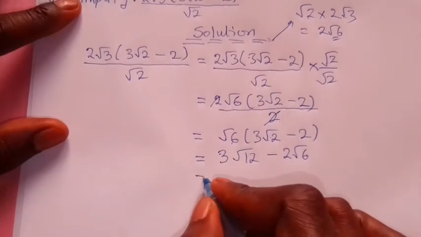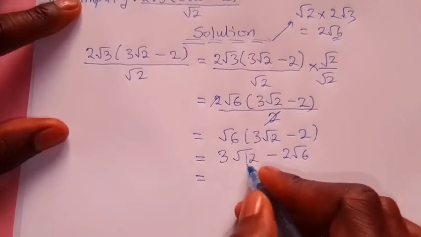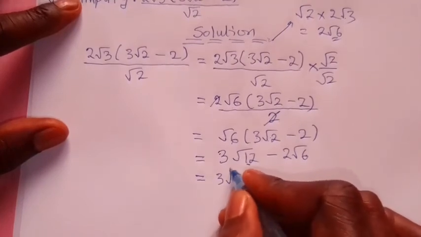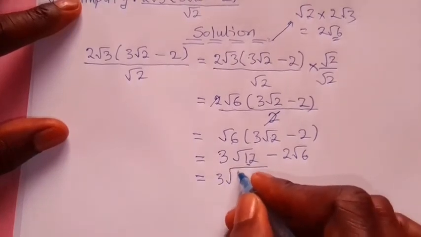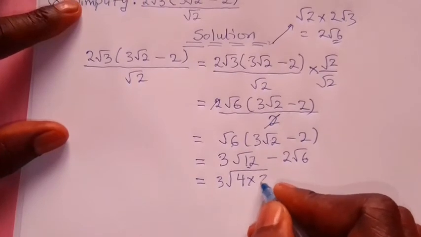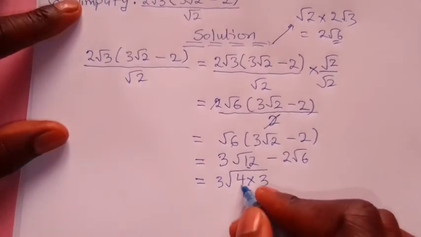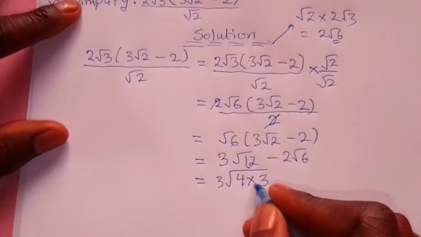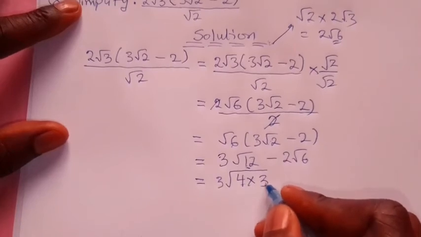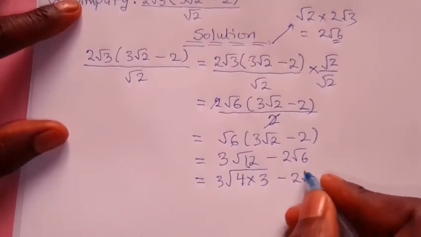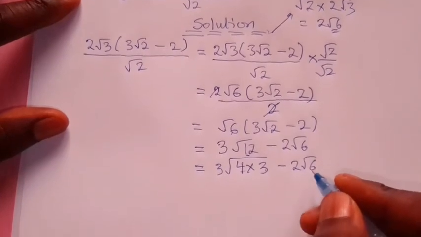And how do you simplify it? Here is how you simplify it. In this, your root 12, okay? You are going to write it out as product of a perfect square and a prime number. And we can easily break this root 12 as 4 times what? 3. Then the other numbers still remain constant, which is 2 root what? Root 6.